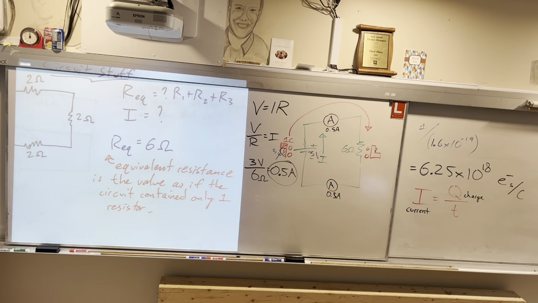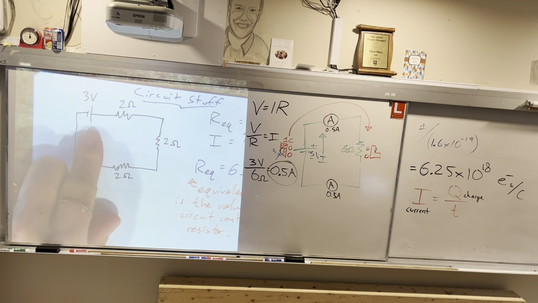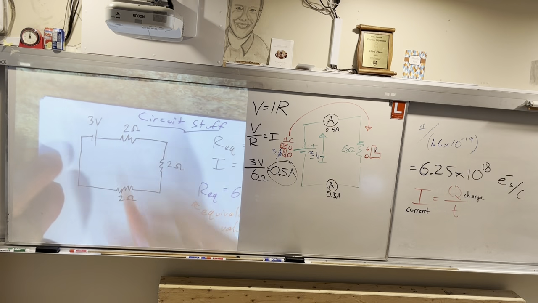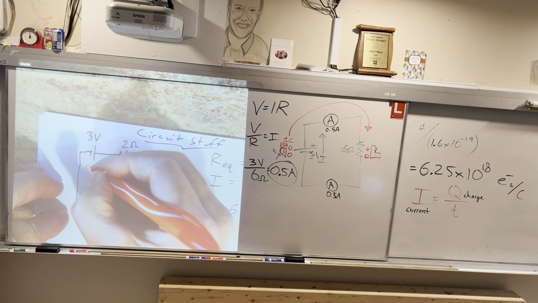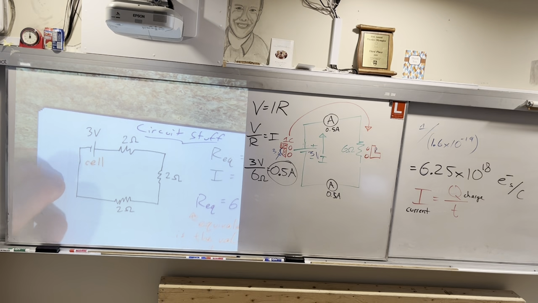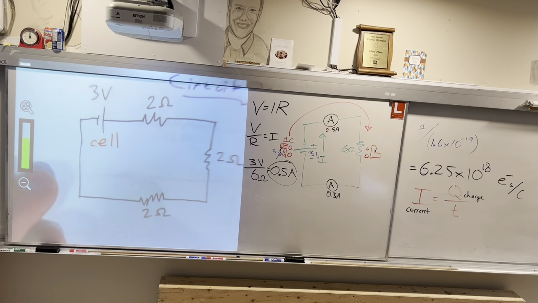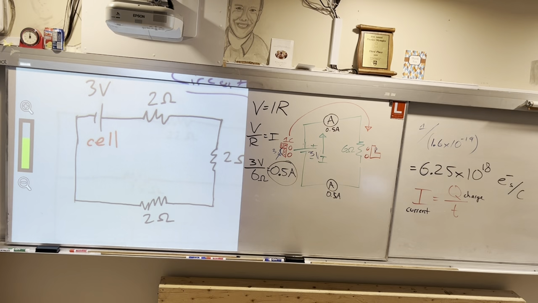Yes, Sherry? What do you call the two lines? Oh, these two? Isn't that a battery? Is that what you mean? Yeah, this is a cell. It's technically not a battery unless you have more than one cell, which we will do too.